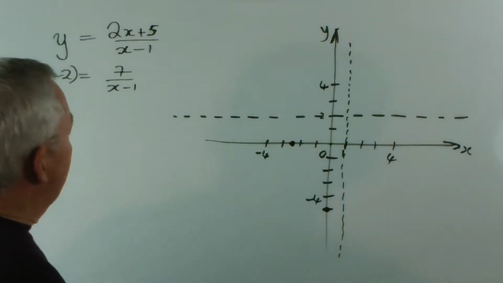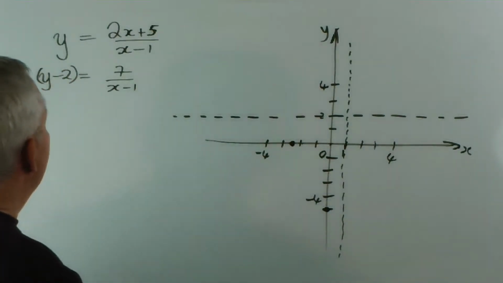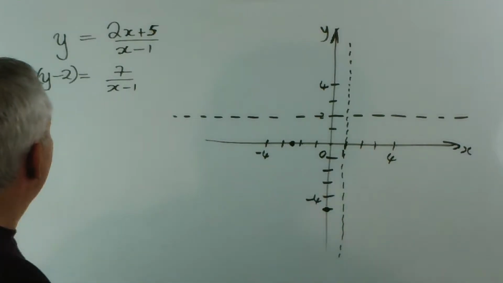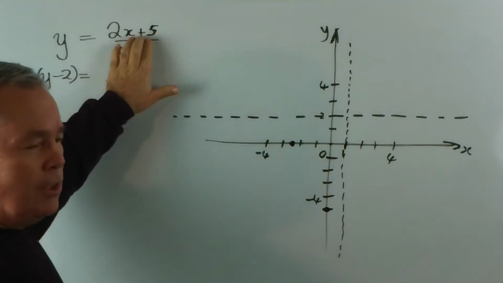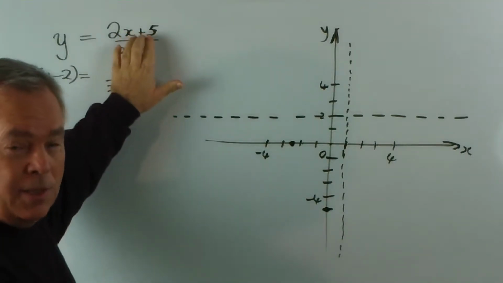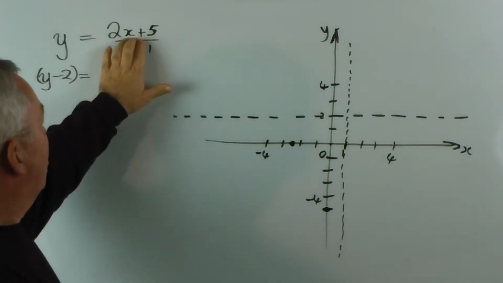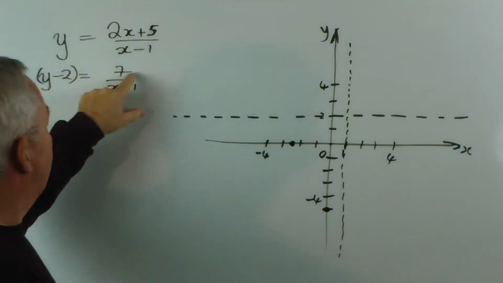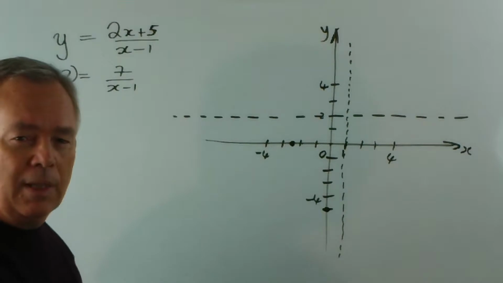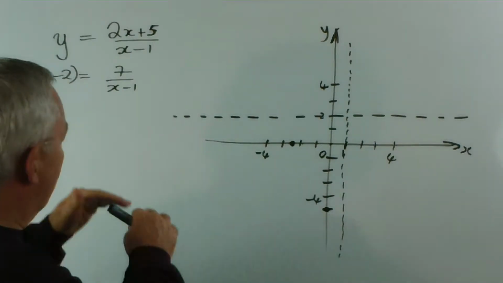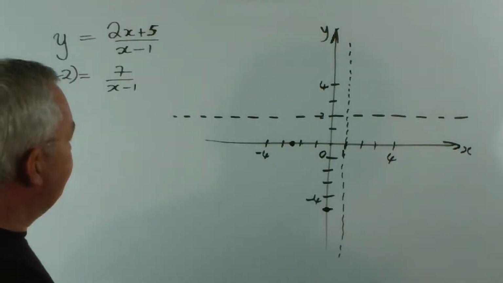Now, it's interesting here, it would look like we have a change of sign occurring, but when we see it in this form, we see this is not the case. We have actually a very simple hyperbolic form, or form for the hyperbola. Next question.